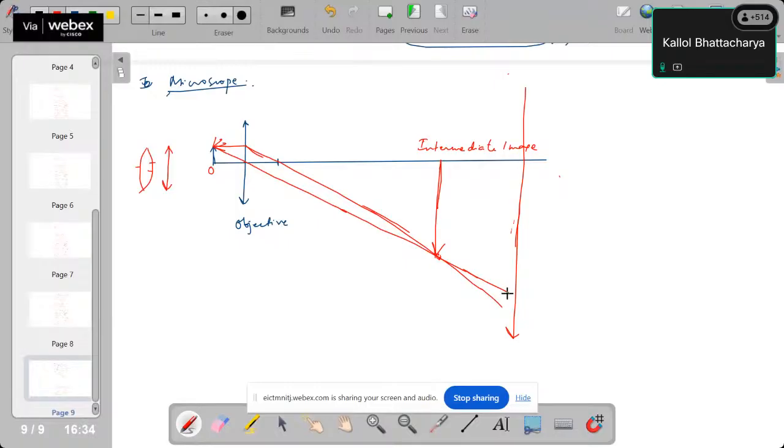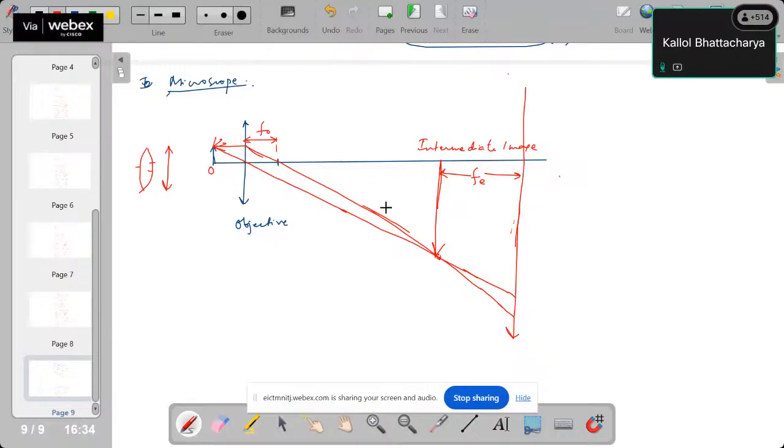Now, what happens here? When the microscope is in focus, the eyepiece is so placed that this is the focal length of the eyepiece. This was the focal length of the objective, and this is the focal length of the eyepiece.